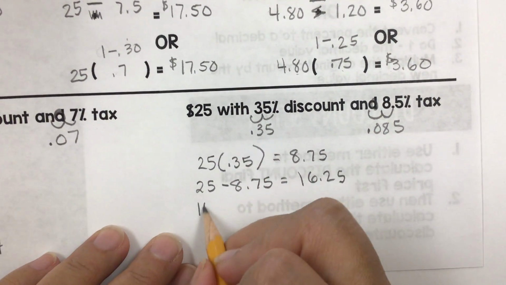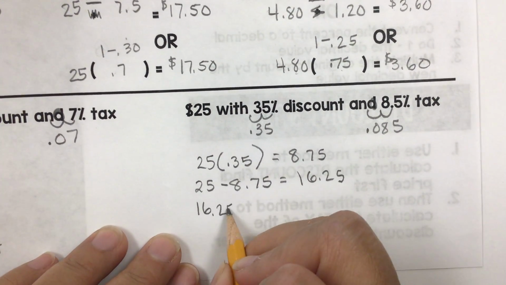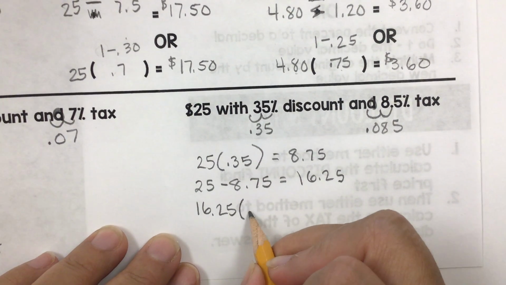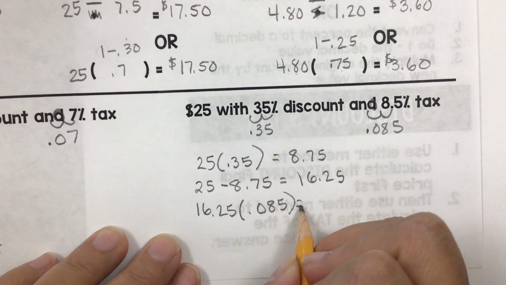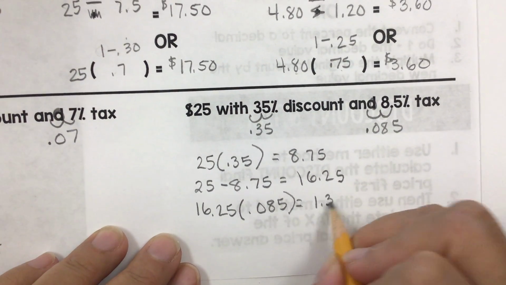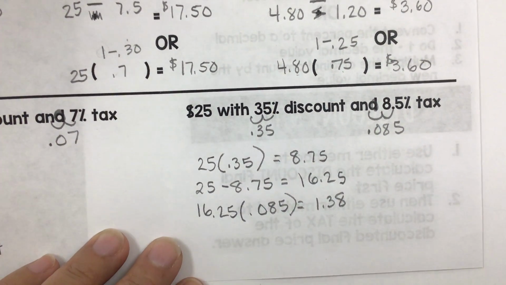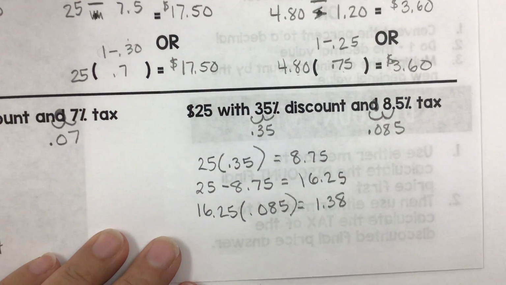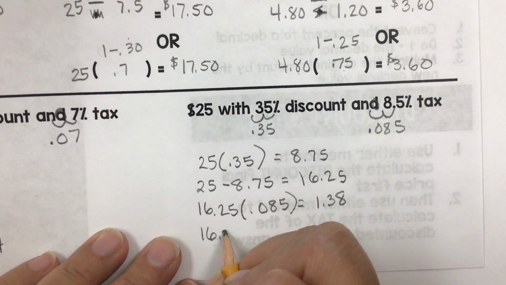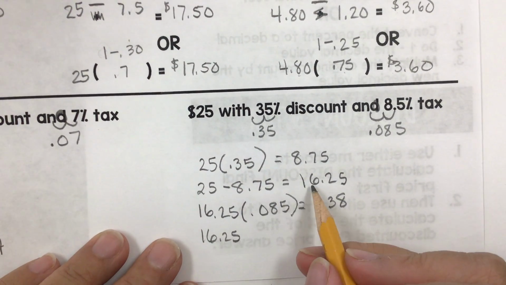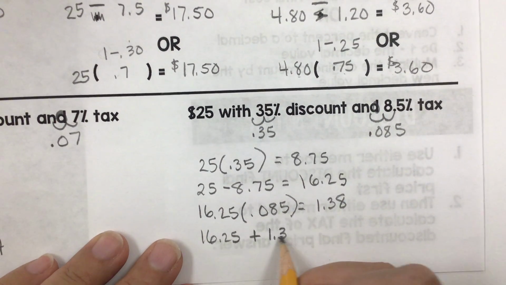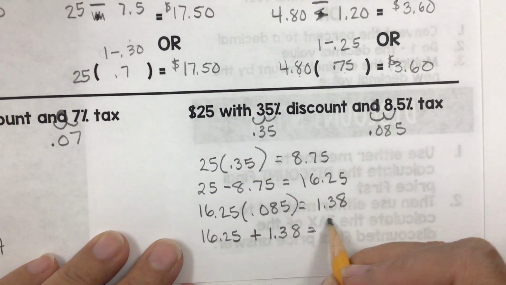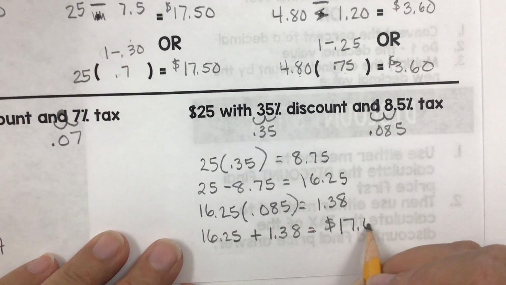From there, we're going to take that $16.25 and multiply your tax to it, which gives you $1.38. That is the tax amount. You're going to take the 16.25 that you got from the discount, and add the tax to it, and that gives you $17.63.